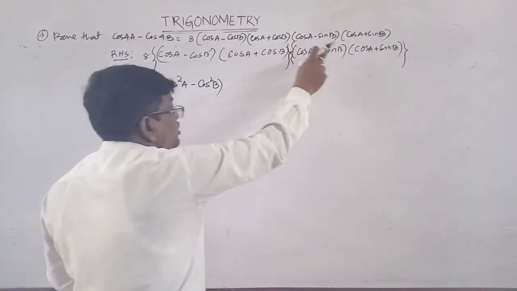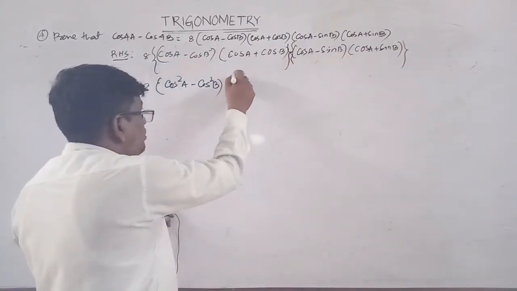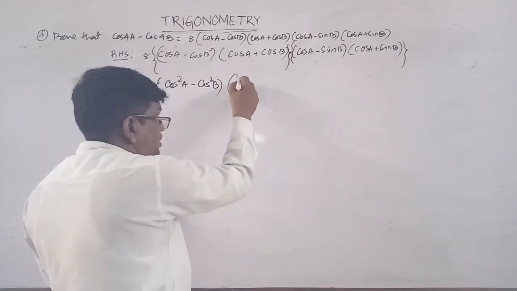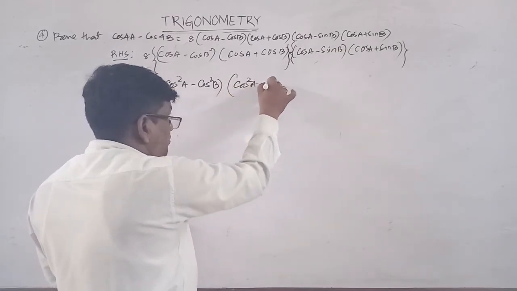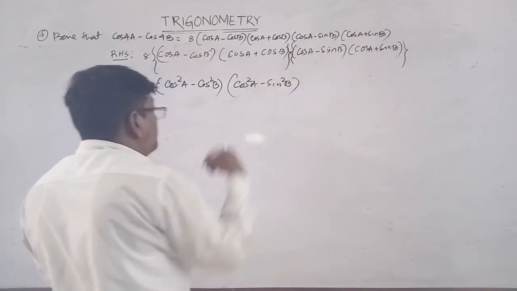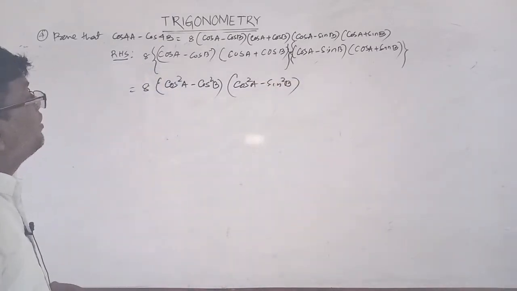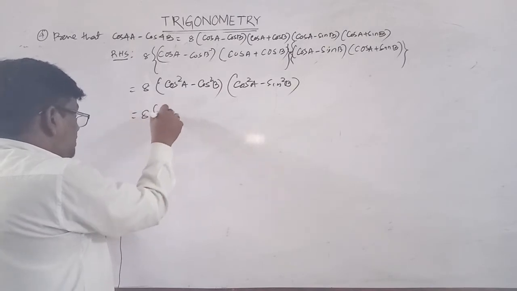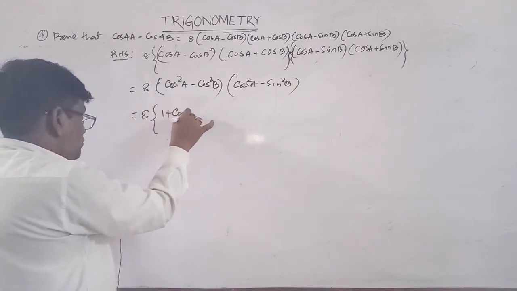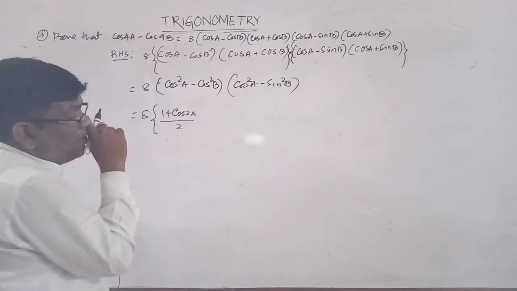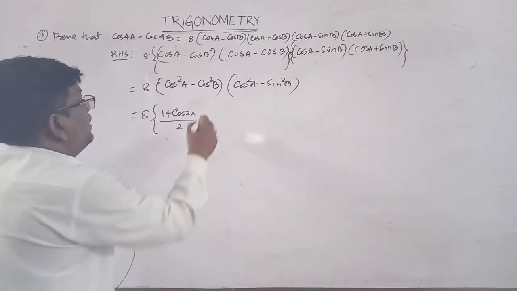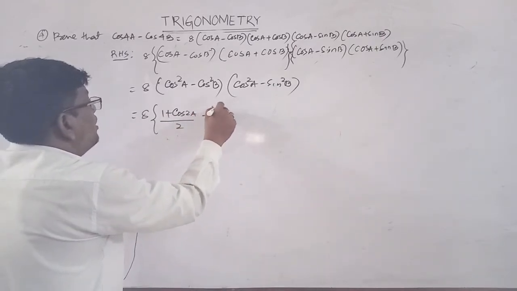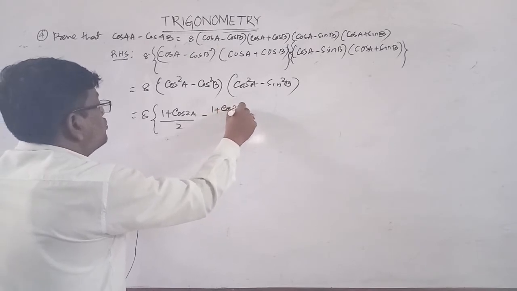So this is a² minus b², which means cos² A minus sin² B. Okay, now what is the formula for cos² A? cos² A means what? (1 + cos 2A)/2. This is the cos² A formula. And cos² B formula means what? (1 + cos 2B)/2.